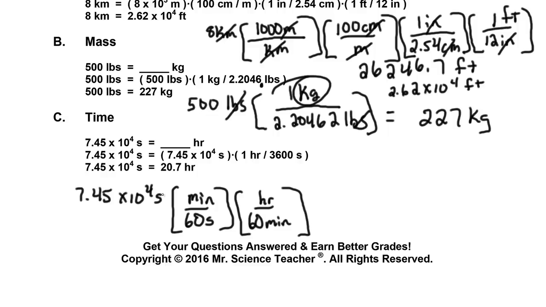So notice that the seconds drop out and the minutes drop out, and I'll be left with units of hours. So 7.45 times 10 to the 4th, and I have to divide that by 60 and divide it by 60 again, and I get 20.7 hours.